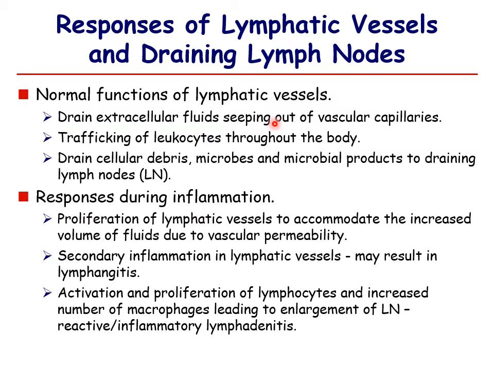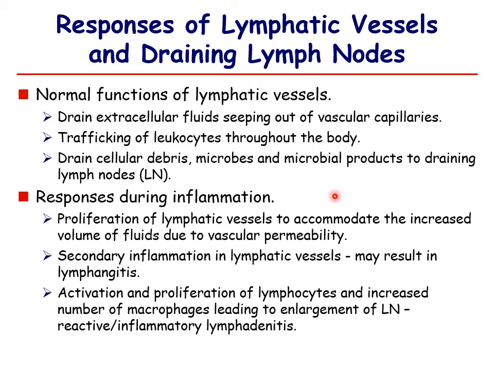They also traffic leukocytes throughout the body, and you know that cells migrate from one lymph node to the next lymph node through lymphatic vessels. And one important function of lymphatic vessels is that they drain cellular debris, microorganisms, and microbial products along with antigen-presenting cells to the draining lymph node to initiate adaptive immune response.